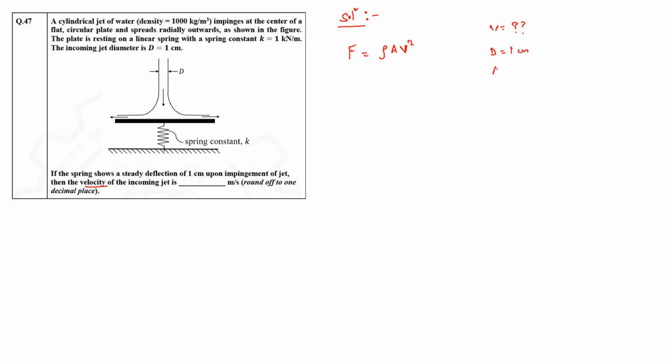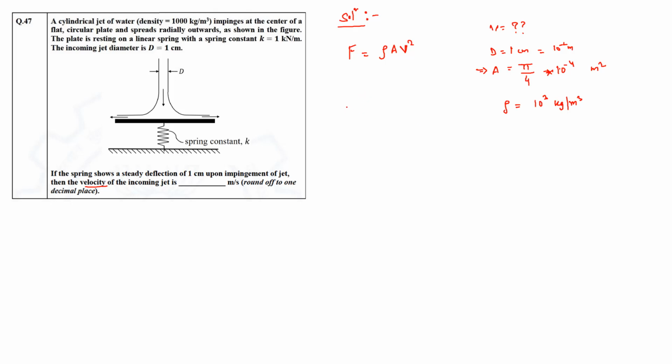So this will lead us to the area of the cross section of the jet, which will be pi by 4 times this 1 centimeter, meaning 10 to the minus 2 meter, or this is 10 to the power minus 4, because pi by 4 d square, and there will be meter square. Density is also given to us as 10 raised to the power 3 kg per meter cube.